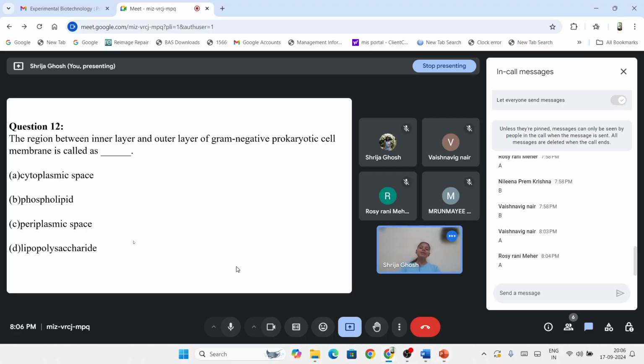So what is the space between the inner and outer layer of the gram-negative prokaryotic cell membrane called? Anyone wants to answer? What do we call the space between the outer and the inner cell membrane of a prokaryotic cell?